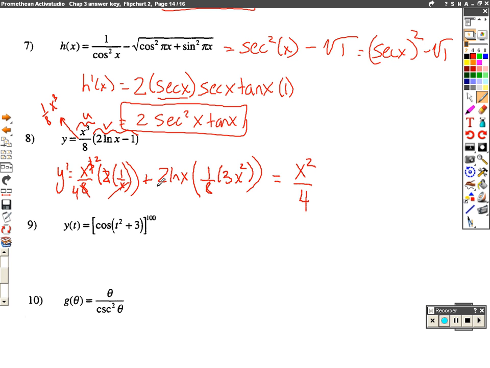All right, and then this next term, a little bit more complicated and less to cancel. This 2 and this 8, once again, that becomes a fourth. There's no x's to cancel here, so it just looks like plus 3x squared ln of x over 4. And since they both have the same denominator, we could combine those two.